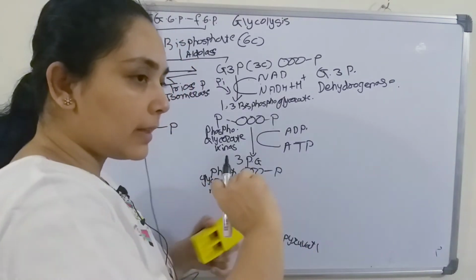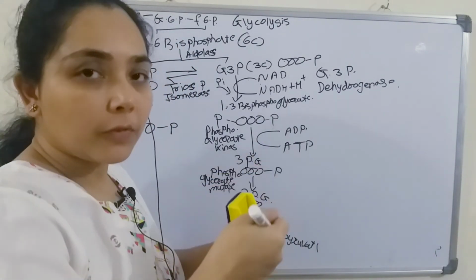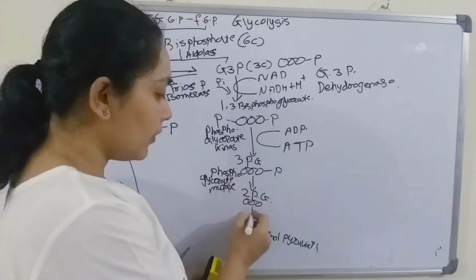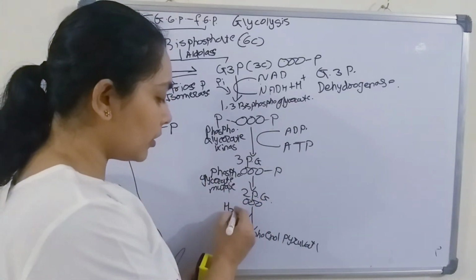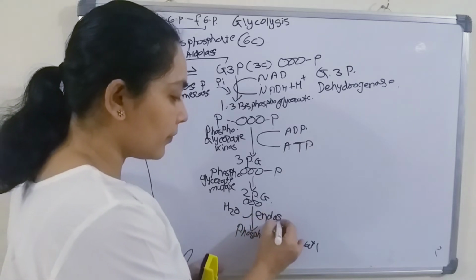We can consider it like a squeezing reaction. After the squeezing, what will happen? Water will be removed from the cloth. In the same way here there is a removal of a water molecule, and the enzyme involved here is enolase.